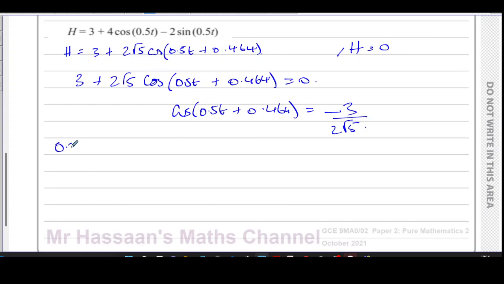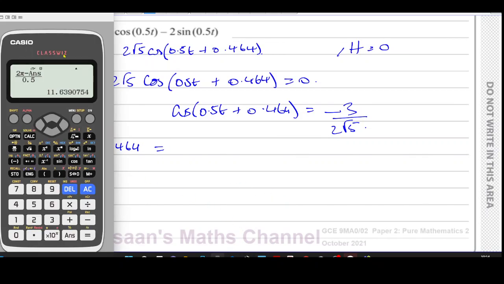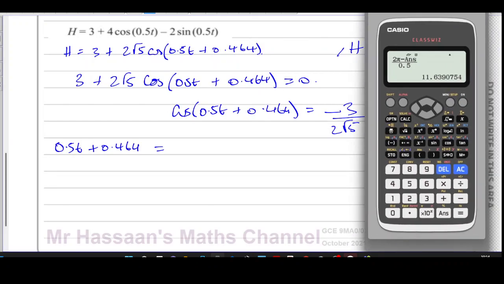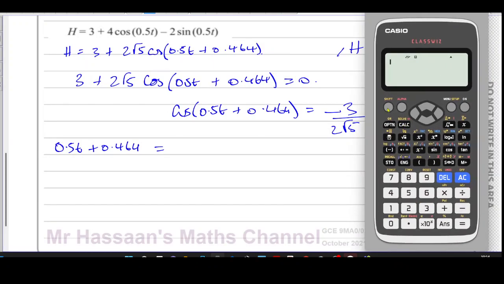So 0.5t plus 0.464 is equal to, now we can use our calculator, it's already in radian mode, so no problem there, inverse cosine of minus 3 over 2 root 5.